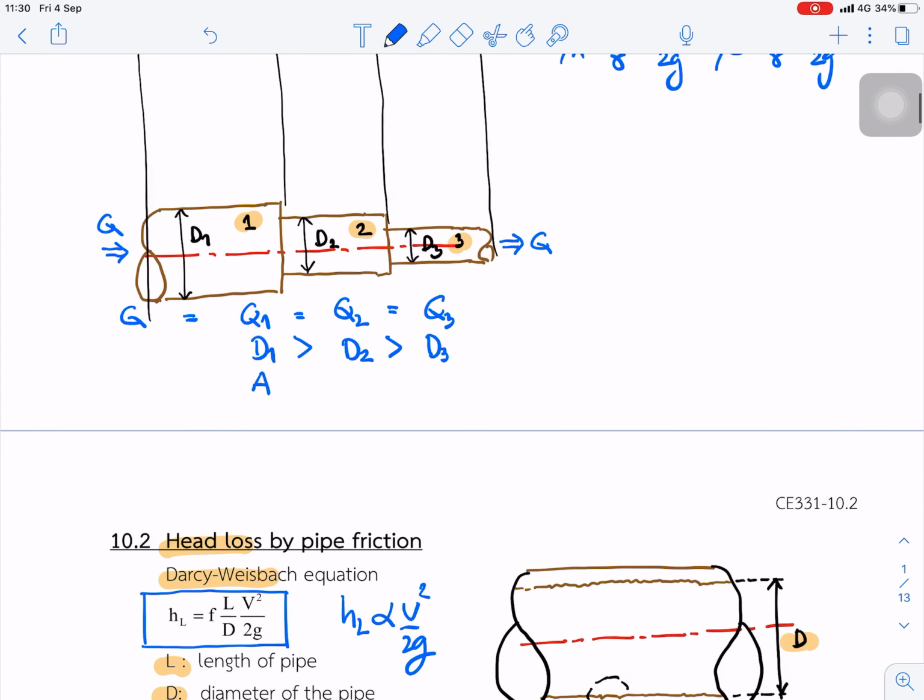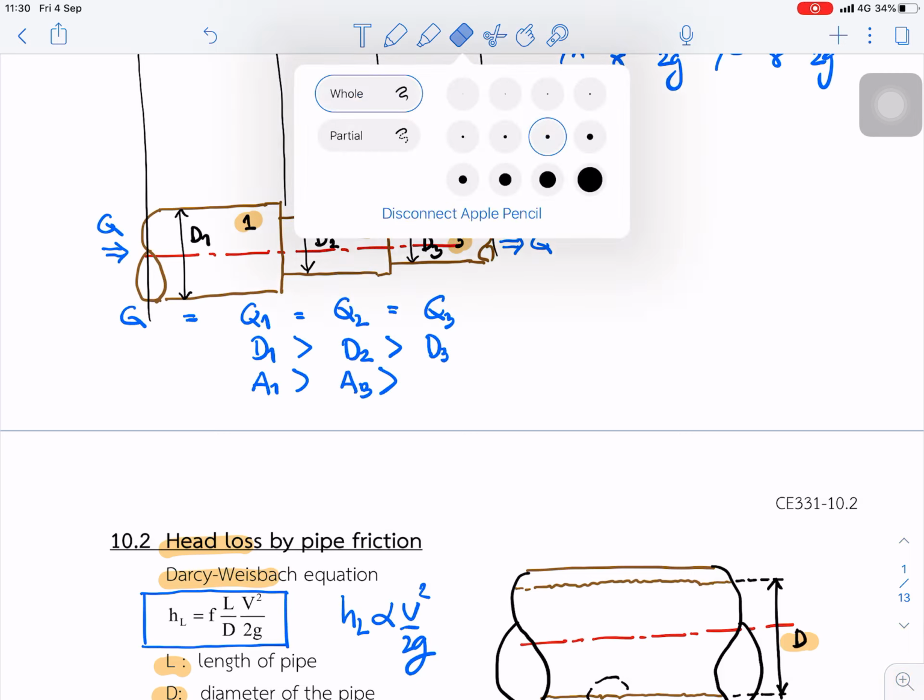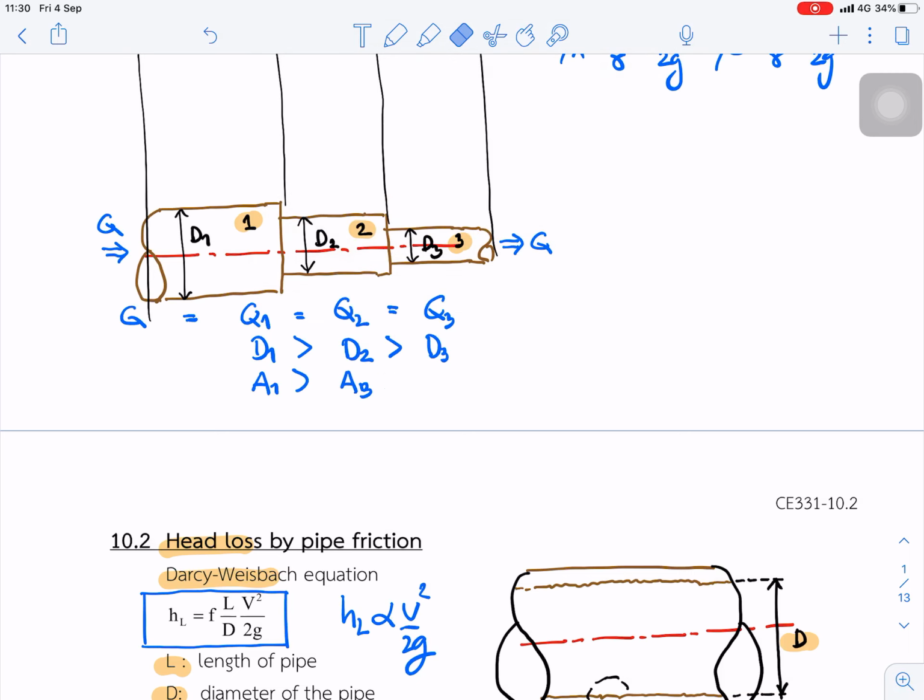And for the area, so area A2 is greater than A3. And for the next, V1, V2, and V3.